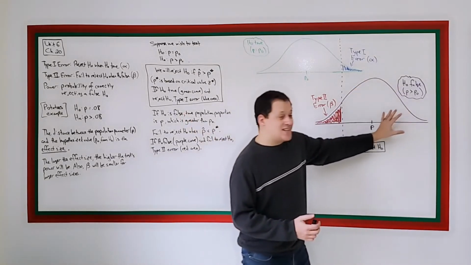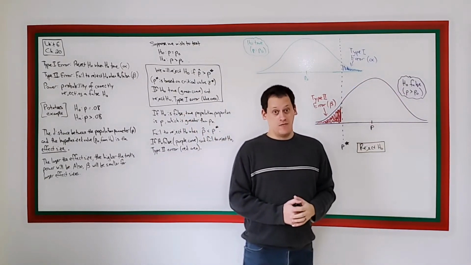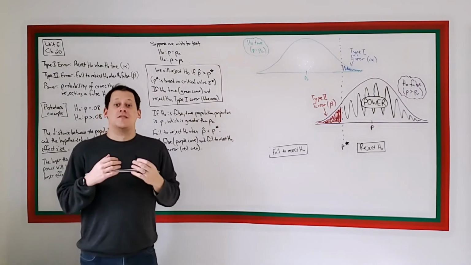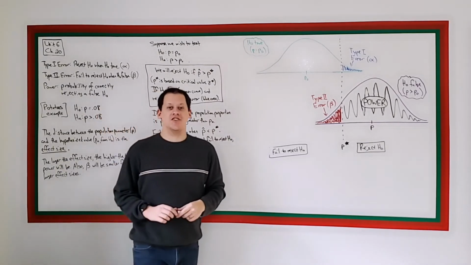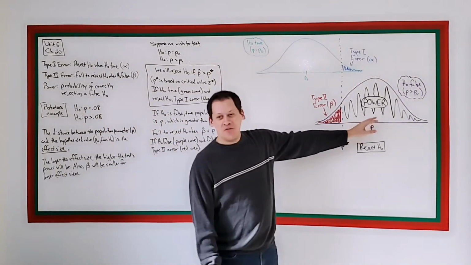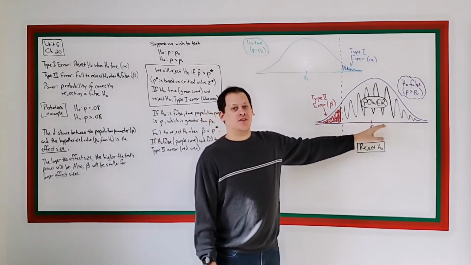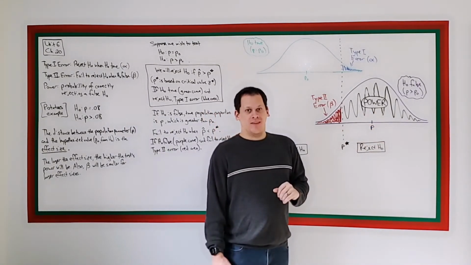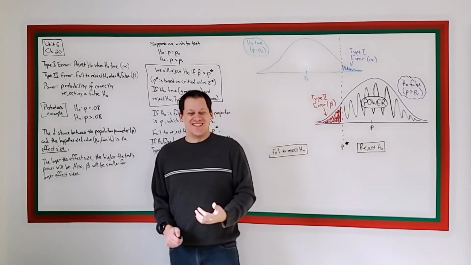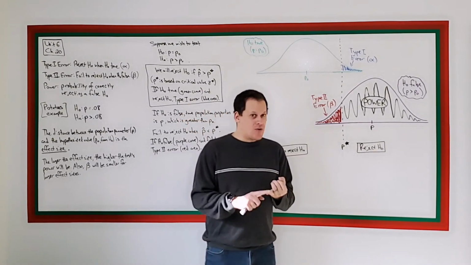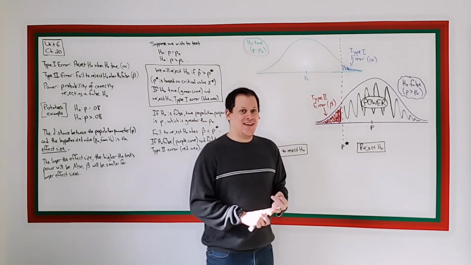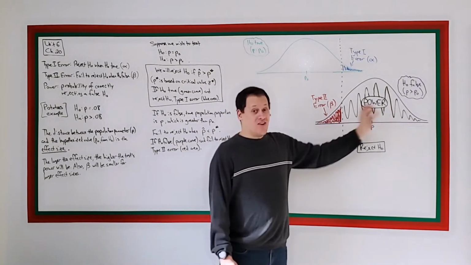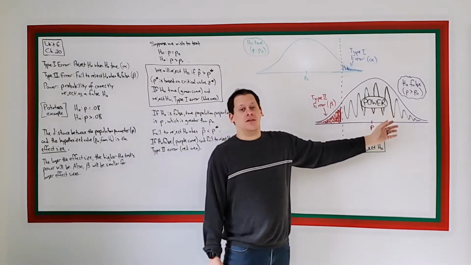It's the rest of the area under this purple curve. So if power is correctly rejecting a false null hypothesis, that is all the rest of the area under the purple curve. And so now we're really starting to see why power plus beta equals 1. Because together, they are all the area under this curve.